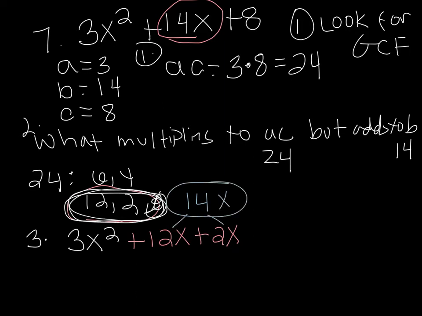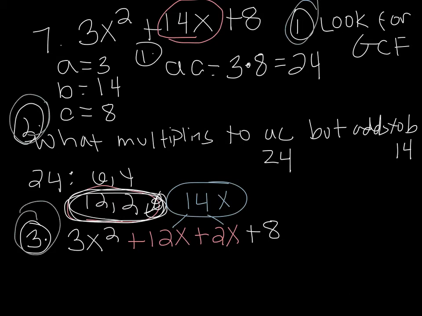And then plus 8. Once you get a problem to this point, the next thing we have to do is factor by grouping. So step 4, I'll circle these steps here. We have step 1, 2, 3, and now we're on step 4.